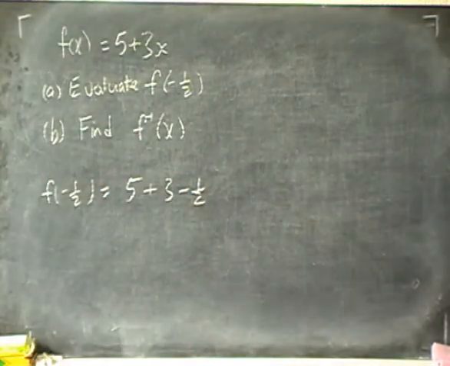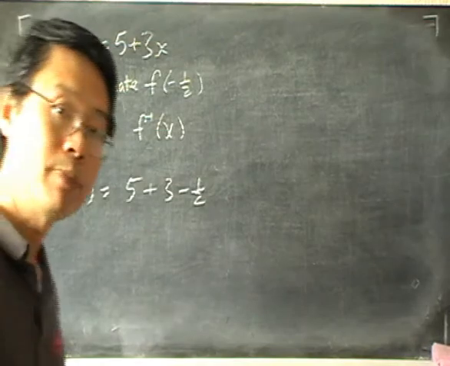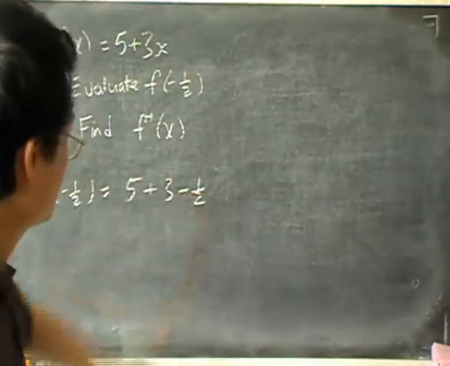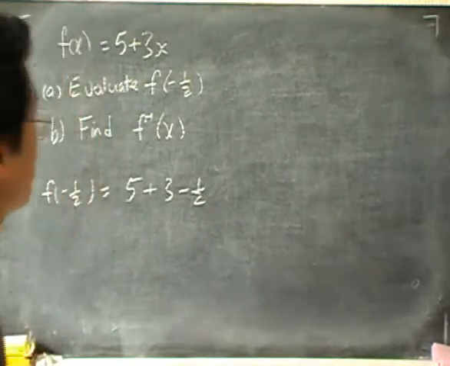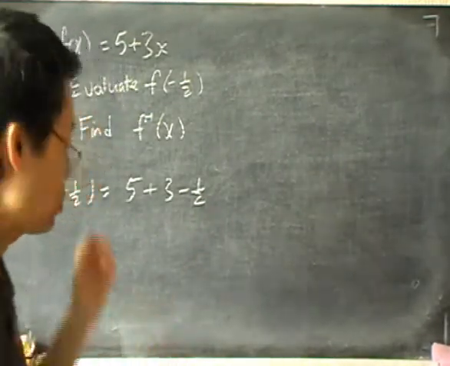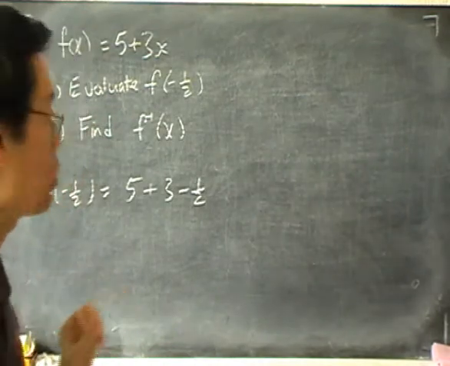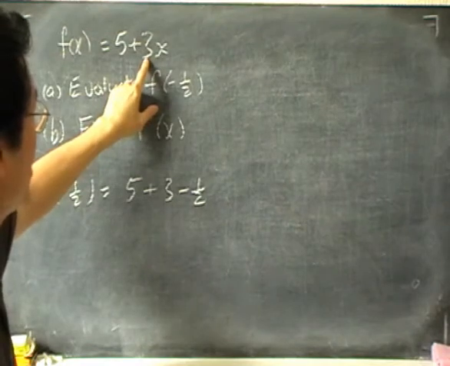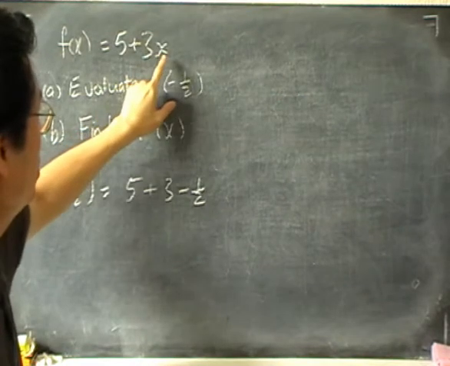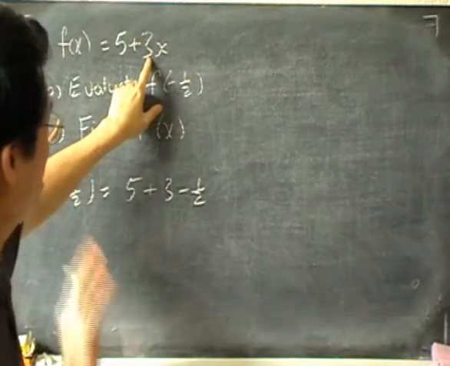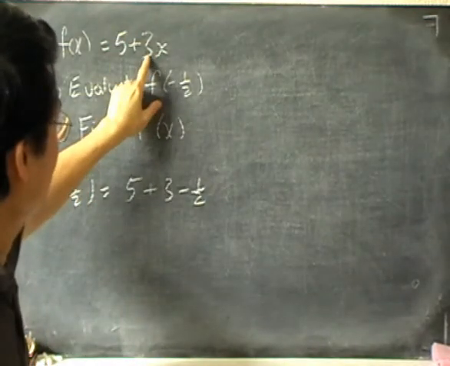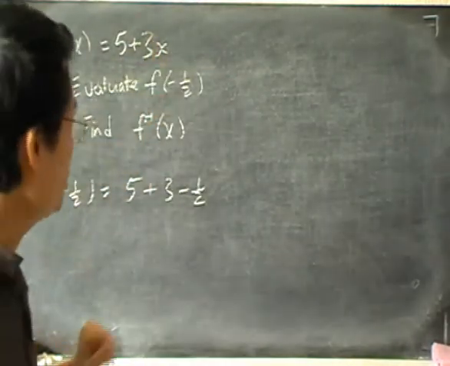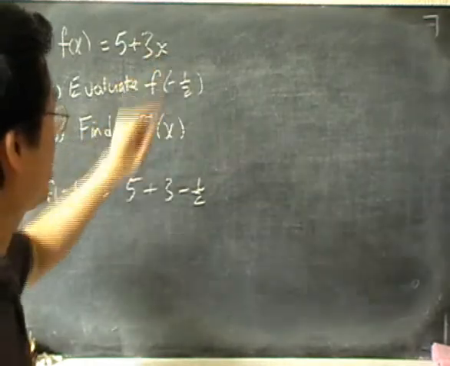That looks quite easy. Just replace the x by whatever number, in this case minus half. But there are some rules in algebra we must always observe when we do this. In algebra, if you have two letters, or a number and a letter, next to each other without anything in between, it means that we must multiply those two.